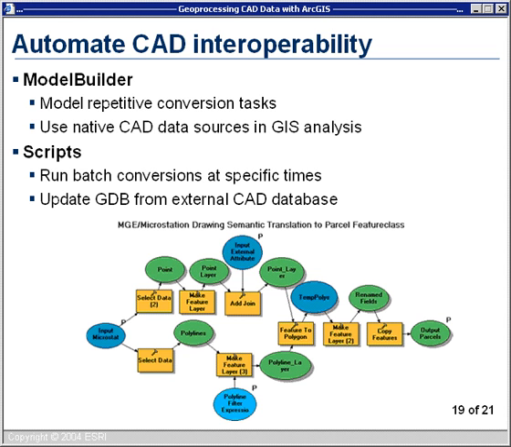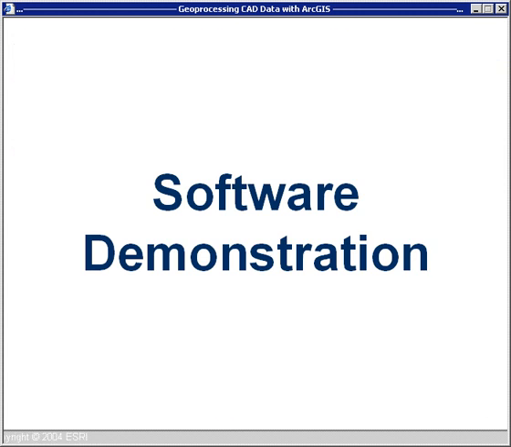Scripts give you enhanced functionality, such as running processes at remote times. We have additional educational materials which go into considerably more detail on the geoprocessing framework and how to use ModelBuilder and scripting. In this next software demonstration, I'm primarily concerned with showing you how easy it is to do this with CAD. So let's get to that, shall we?